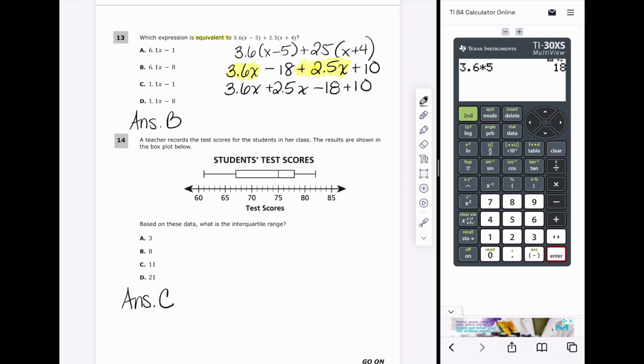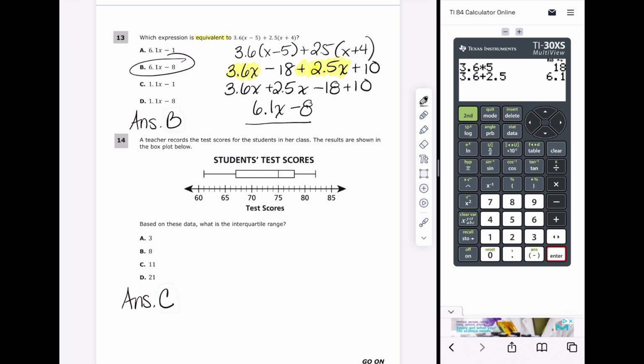And now I have my constants together, and now I can simplify them. So for this one over here, I'm just going to add these two together. And 3 and 6/10 plus 2 and 5/10 is, oops, forgot my pen, 6 and 1/10 x. And negative 18 plus 10 would be negative 8. And it matches B. Let's go to the next one.